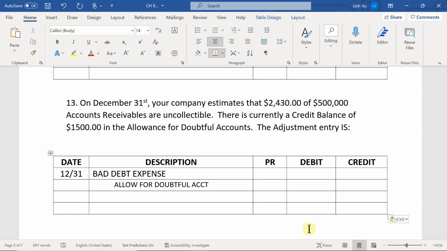How many more do you need to go on the right side from 1,500 to 2,430? The difference between 2,430 minus 1,500. What was that?